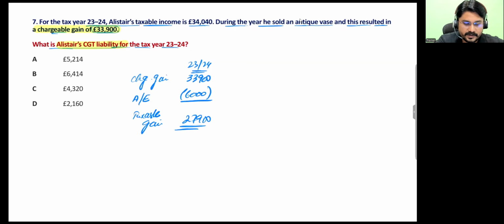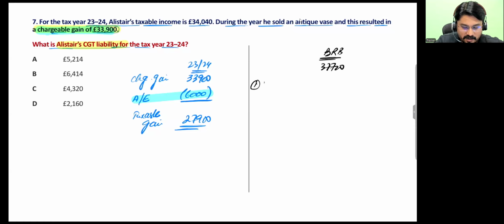Few students have not deducted the annual exemption. They considered this gain as taxable, right? That's not the taxable gain, that's the chargeable gain. From the chargeable gain, we deduct the annual exemption to arrive at taxable gains. Next thing, the basic rate band limit is 37,700, and firstly, it is covered by the taxable income.